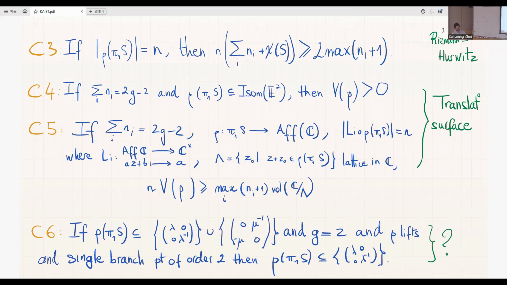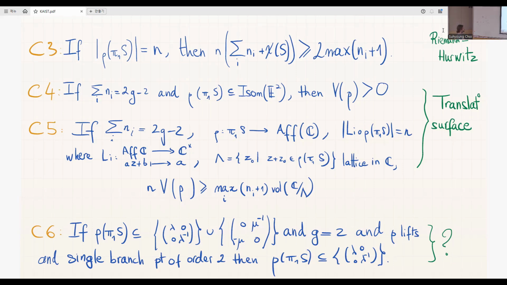And if you have finite holonomy, you can go to a finite cover and have trivial holonomy. So you have this condition that comes from Riemann-Hurwitz, and you also have two conditions that are extremely similar to the ones I told you about for translation surfaces. They are actually the same. If the sum of the ni is 2g minus 2 and you are into the affine group, then you have restrictions that really are the same as before.